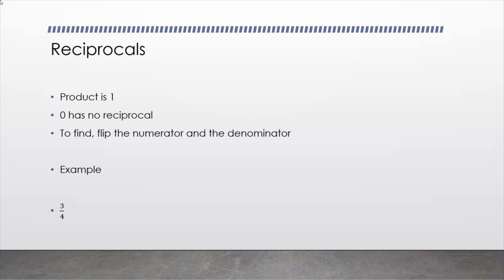When you multiply two numbers or two fractions together and the product is 1, they are reciprocals. 0 does not have a reciprocal. And to find it, you just flip the numerator and the denominator. If it's negative, it stays negative. Now, when I'm thinking about it, this definition also comes up with the multiplication property of equality.